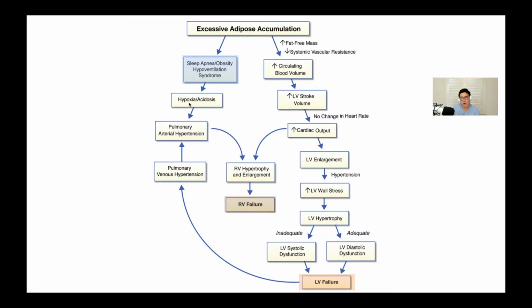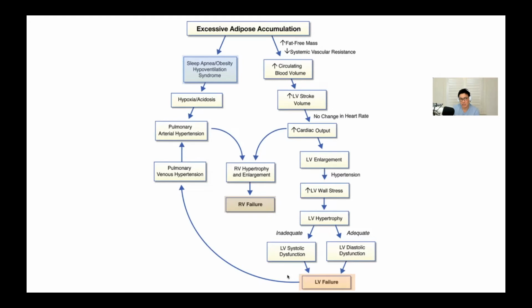And you can also add hypercarbia in here as well. So this leads to pulmonary arterial hypertension, which causes an increase in your right ventricle afterload, which leads to right ventricular hypertrophy and enlargement and leads to right ventricular failure.